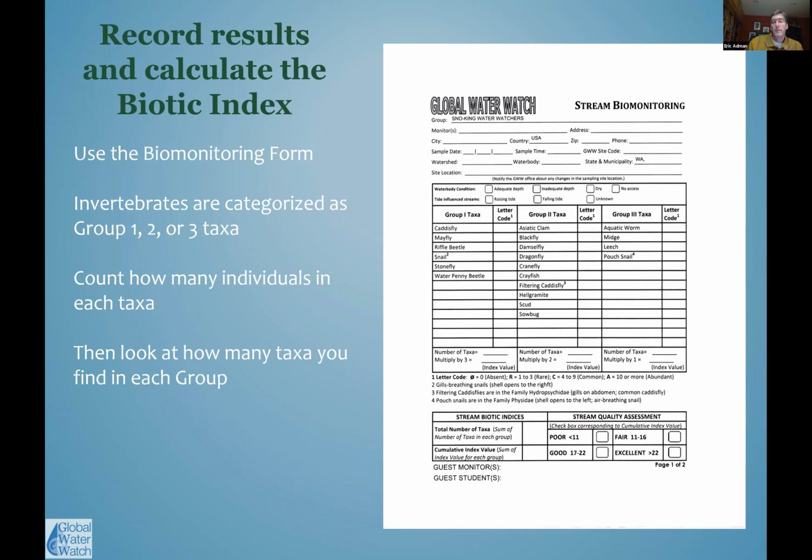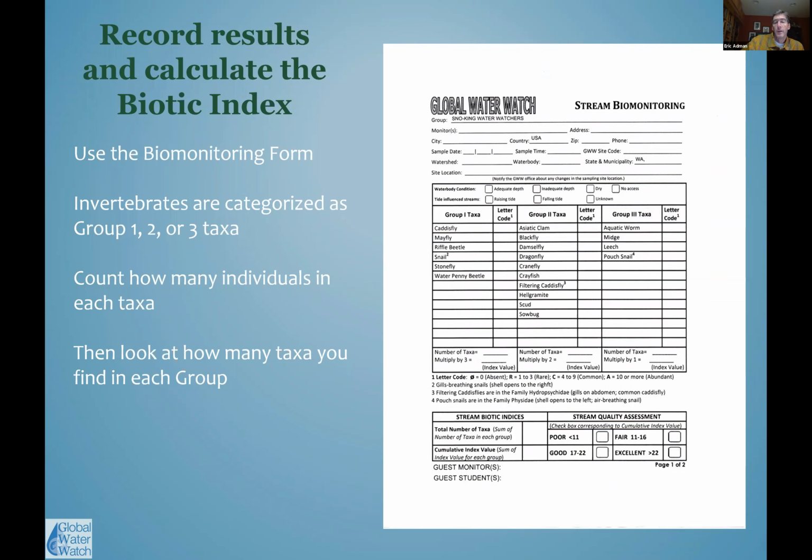So then if we looked at group 2 taxa, essentially the more you find, the better. But let's say that we didn't find any group 1, we didn't find any group 2, and we just found one of each in group 4. You can see that the weighting factor at the bottom of the group 3 taxa is only 1.